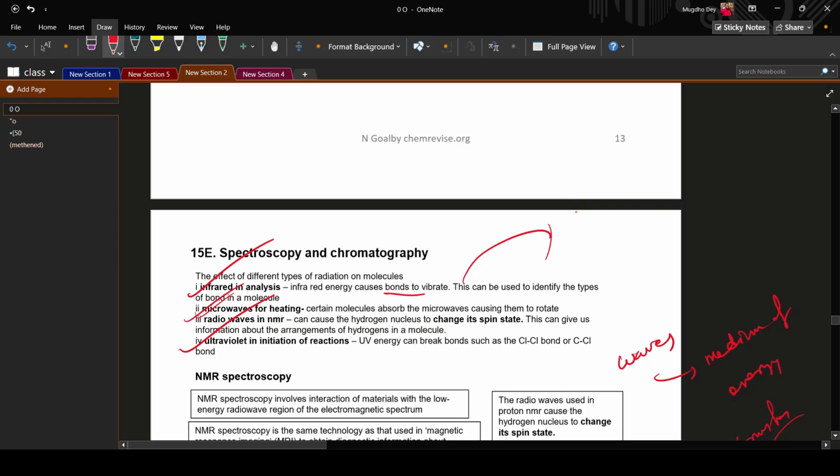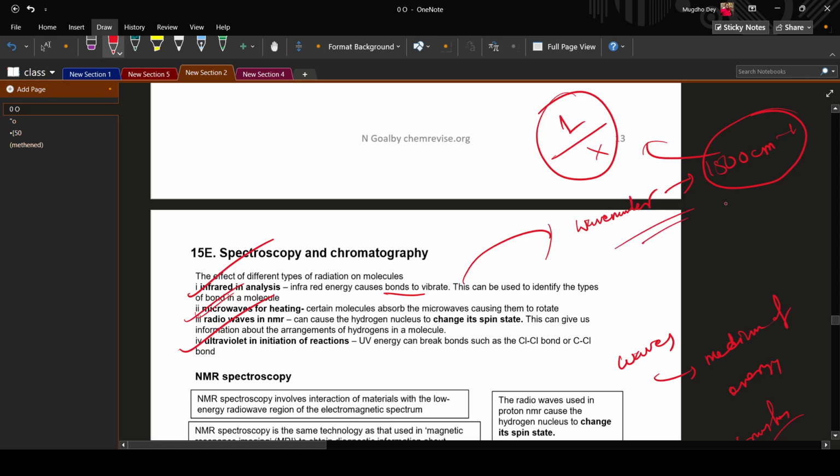We saw the vibration was measured in transmittance, and then there was a wave number, right? Exactly, wave number. What is wave number? It is basically the reciprocal of wavelength. All right, so we saw this back in AS. So that's how infrared waves are used in spectroscopy.